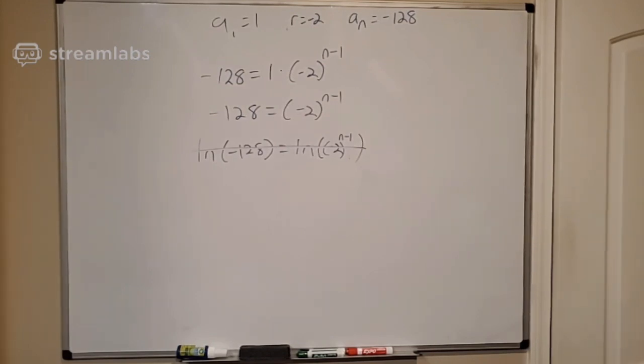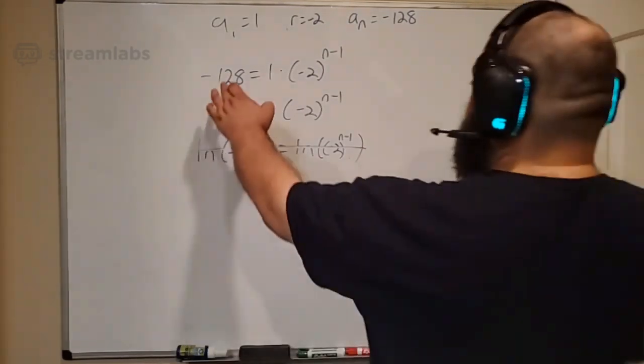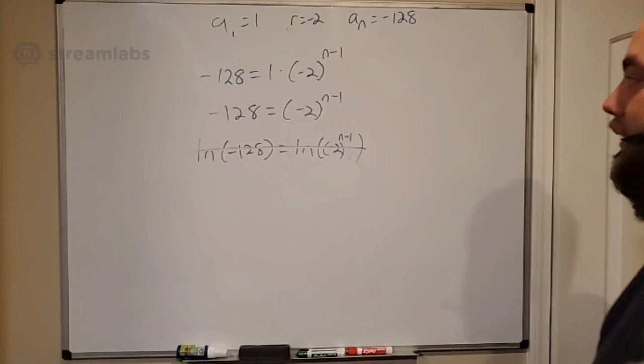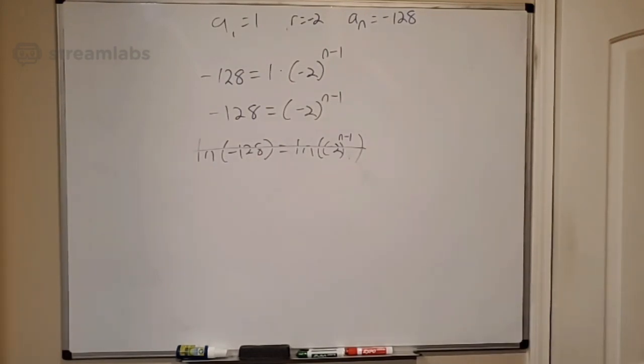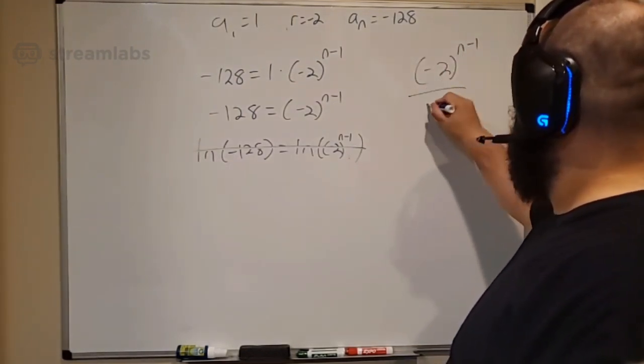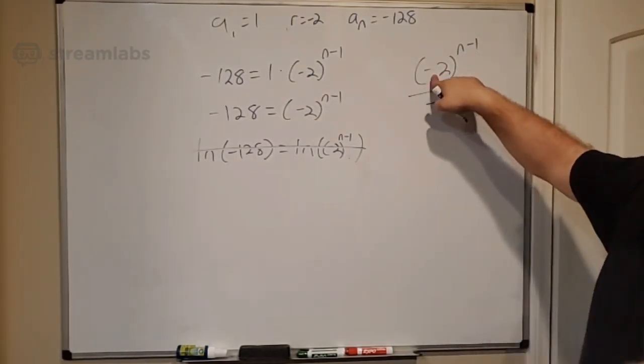There's an issue with that though. If I divide this side by -1, this side over here then has a negative on it, and I can't put the negative inside of my parentheses there. So if I do, for instance, -2 to the n minus 1 over -1, this -1 can't go into that set of parentheses. That would not be allowed.